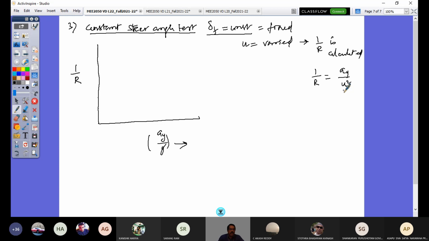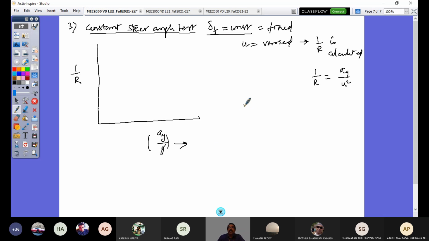Now, this is a very easy test to execute because U is varied: you go first with a particular speed and then go with the next speed. You fix this and go sequentially, increasing the speed. So this is a simple test, right?